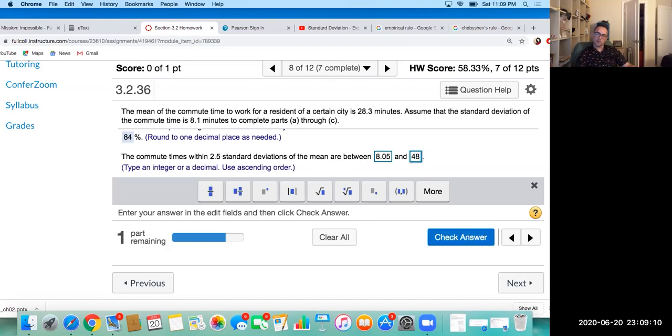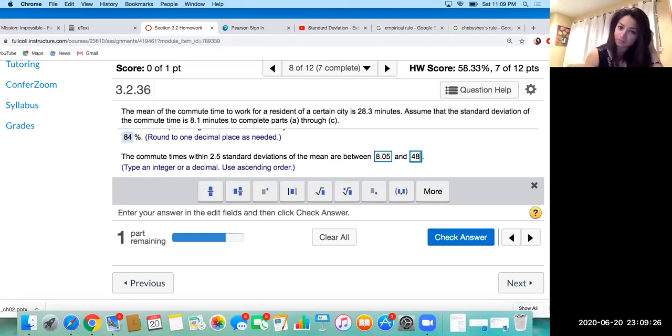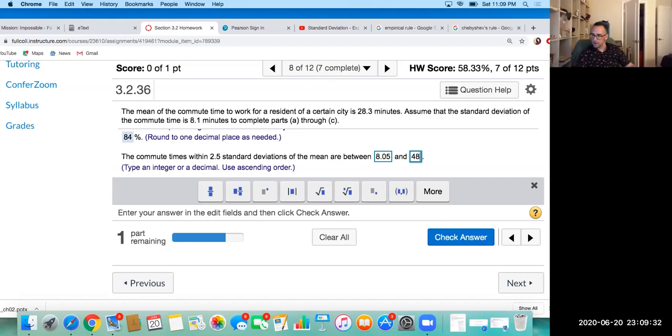Type in integer or decimal. Hold on. It doesn't say what to round to? Use ascending order. Try 8 and 48? I don't know why it says type in integer or decimal.